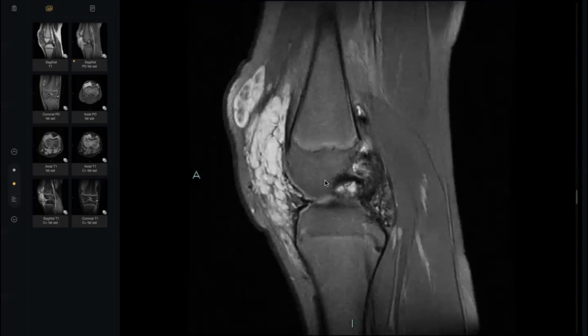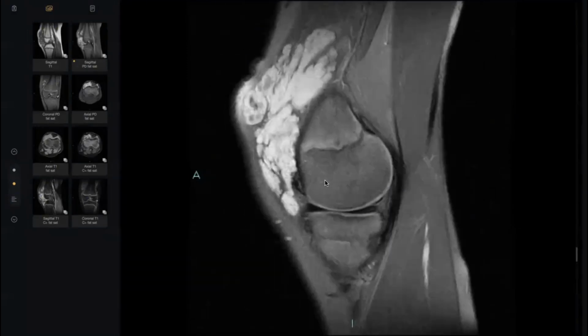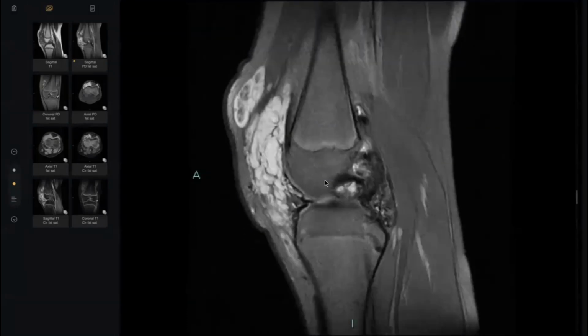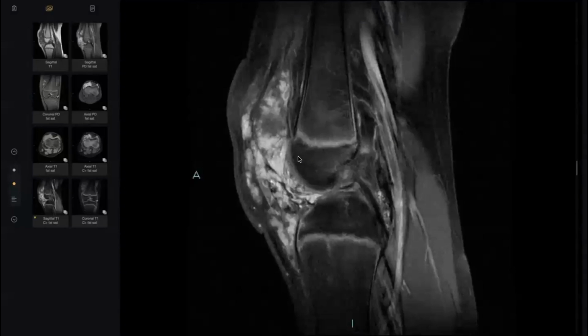In case of lesions like this, describe the lesion, describe everything, give differential, give management. See, my colleagues, the phleboliths: a high T2, enhancing lesion.